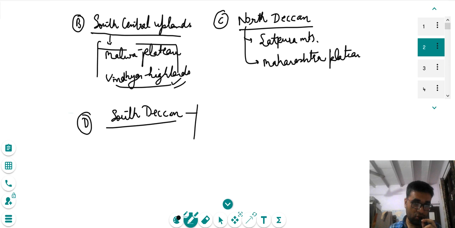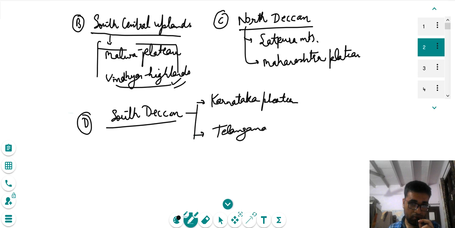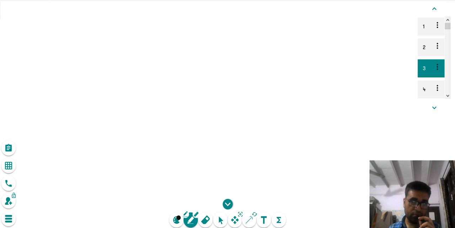South Deccan constitutes two parts. One is the Karnataka Plateau, and the second one is the Telangana Plateau. So this is the South Deccan.